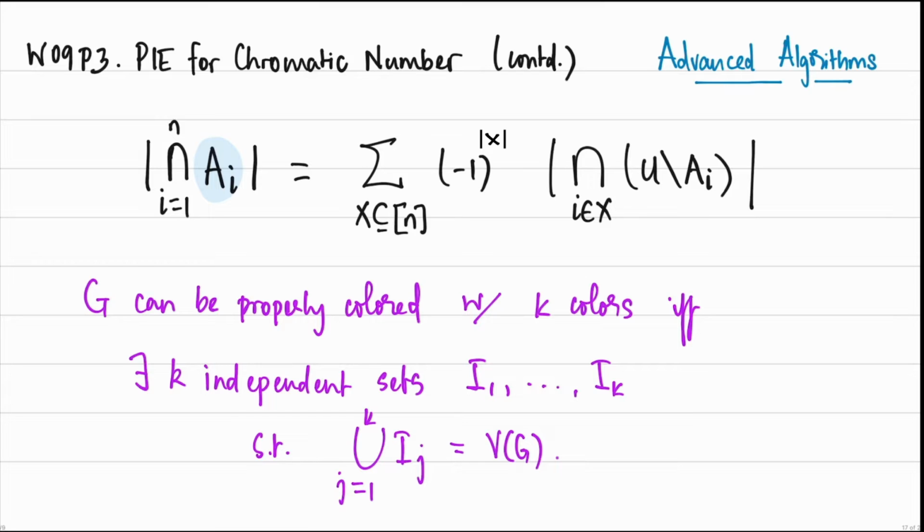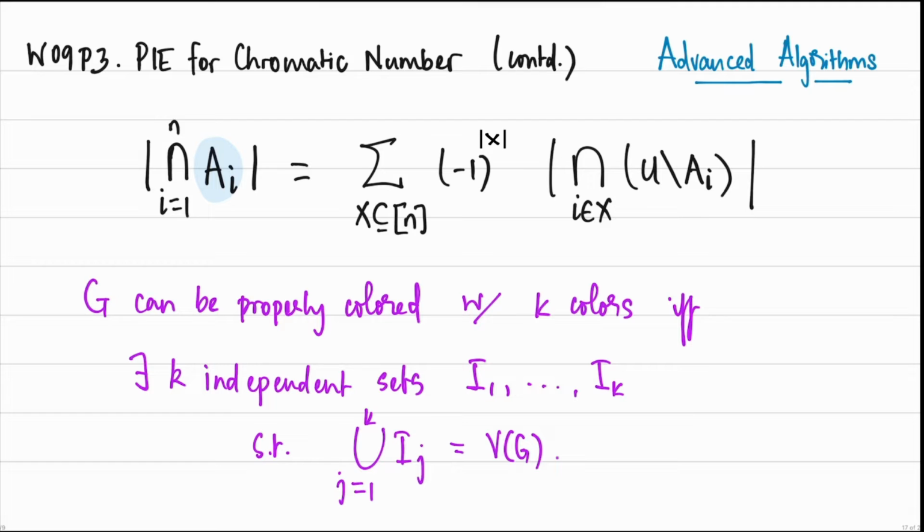And here I have implicitly switched to a decision question where I want to know if a graph can be properly colored using k colors. Notice that if we know how to do this, then we can also solve the optimization version simply by trying all possible values of k. Since k can only take on n possible values, this is just a polynomial overhead and not something we need to worry about.